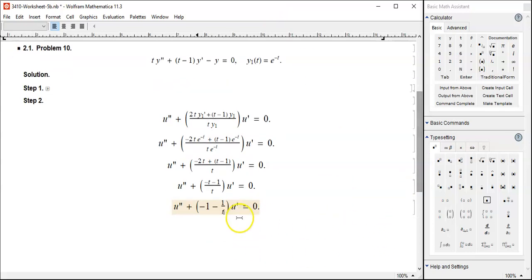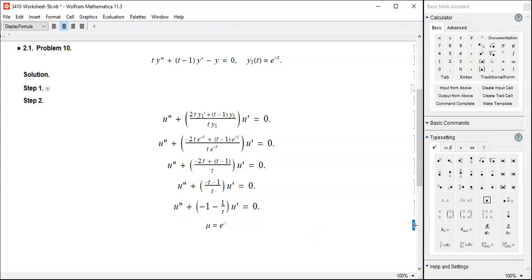So let's find out the integrating factor. So integrating factor is mu is equal to exponential of the antiderivative of this part, isn't it? Antiderivative of this. I need bigger font here as well. So antiderivative of -t2, so that's -t.